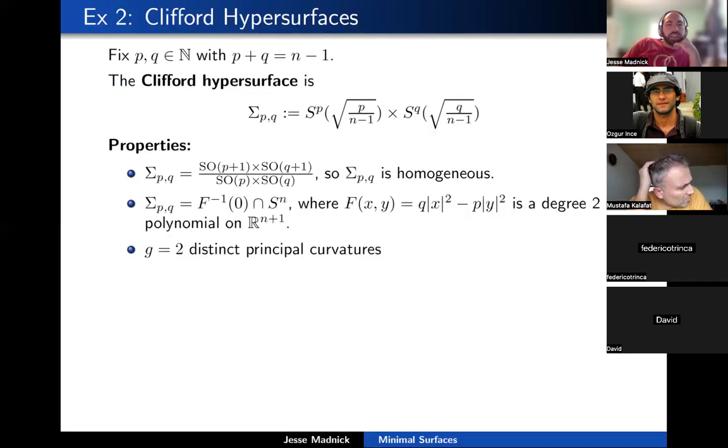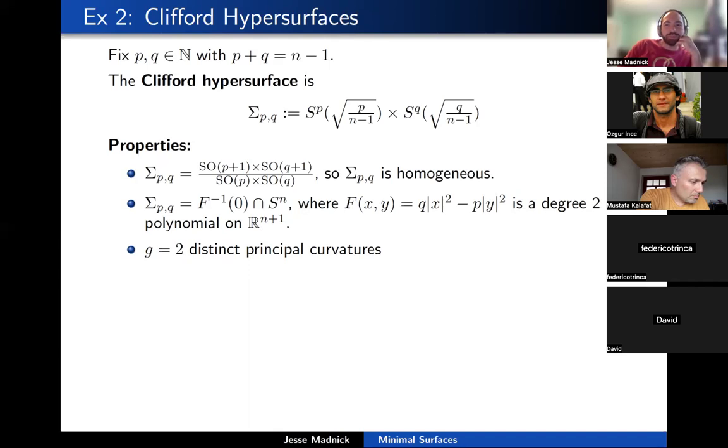And again, it is cut out by the intersection of the round sphere with a real algebraic variety. In this case, the real algebraic variety is the level set of F at 0, where F this time is a quadratic polynomial, so it has degree 2. And interestingly, sigma_{p,q} has 2 distinct principal curvatures.